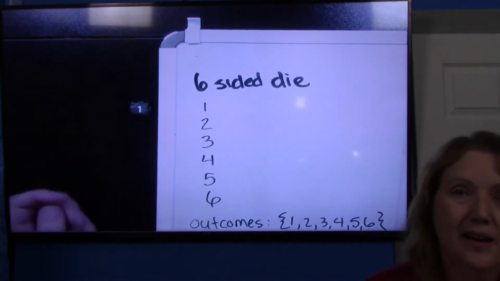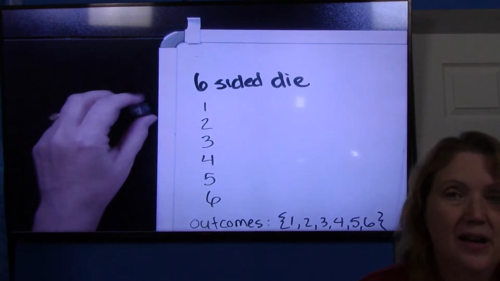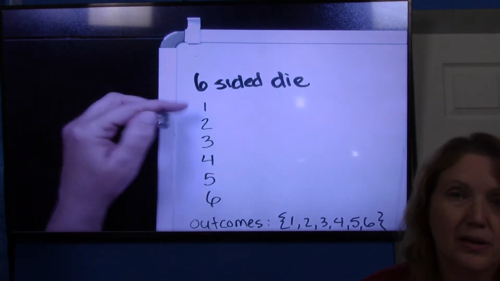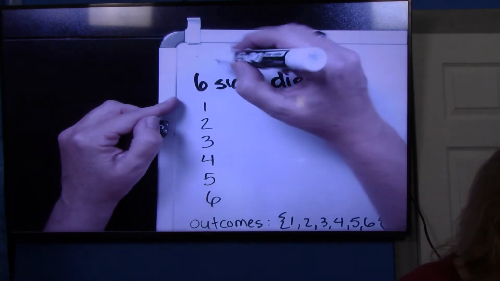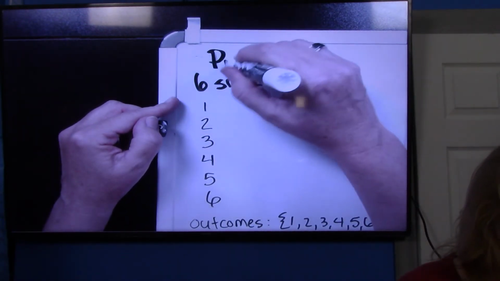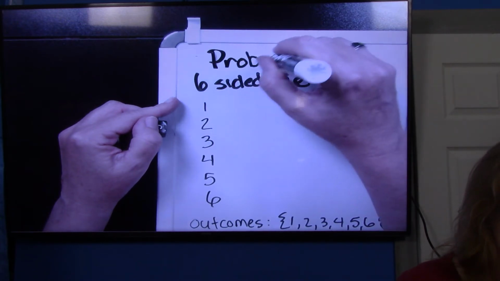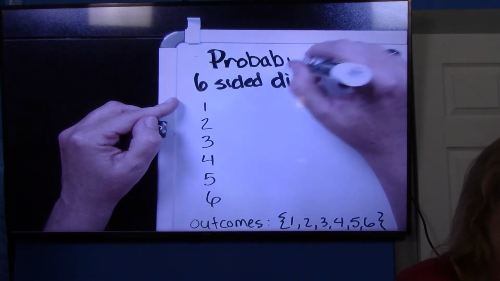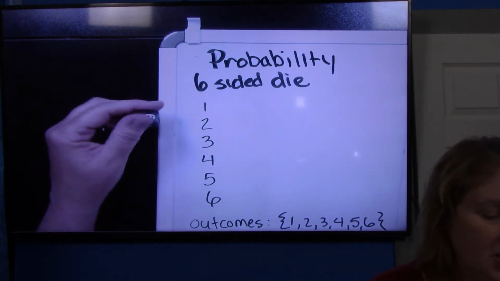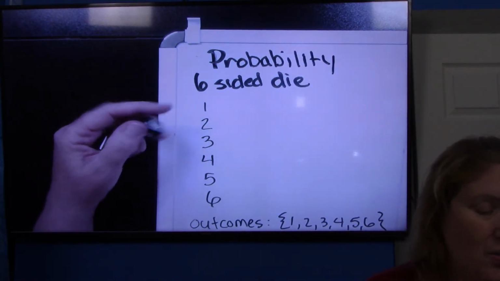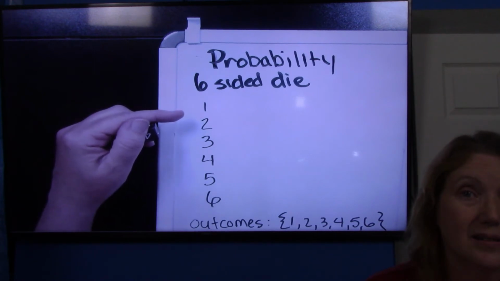Okay? Now, if I look at each one of these separately, what is the probability, and again, we're talking about probability, another way to say, what are the chances, what is the chance that I would get 1 out of 6?